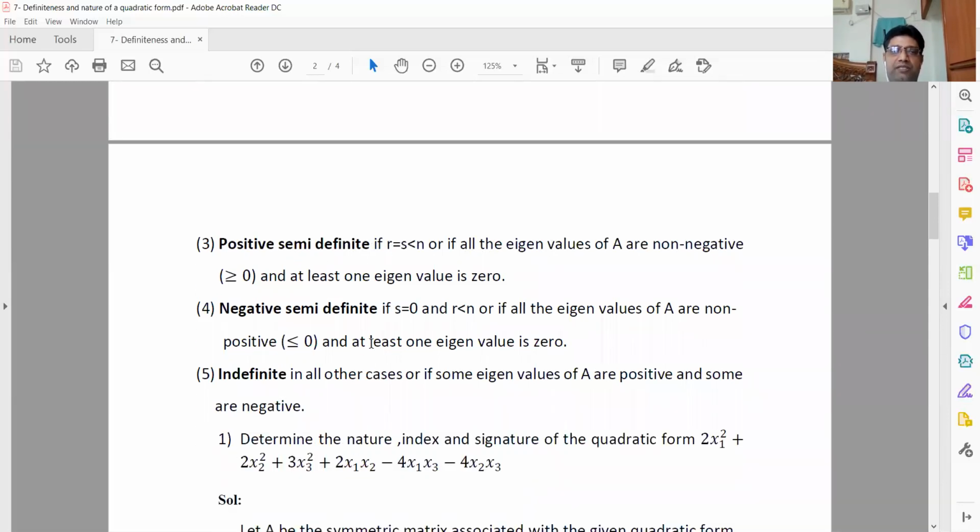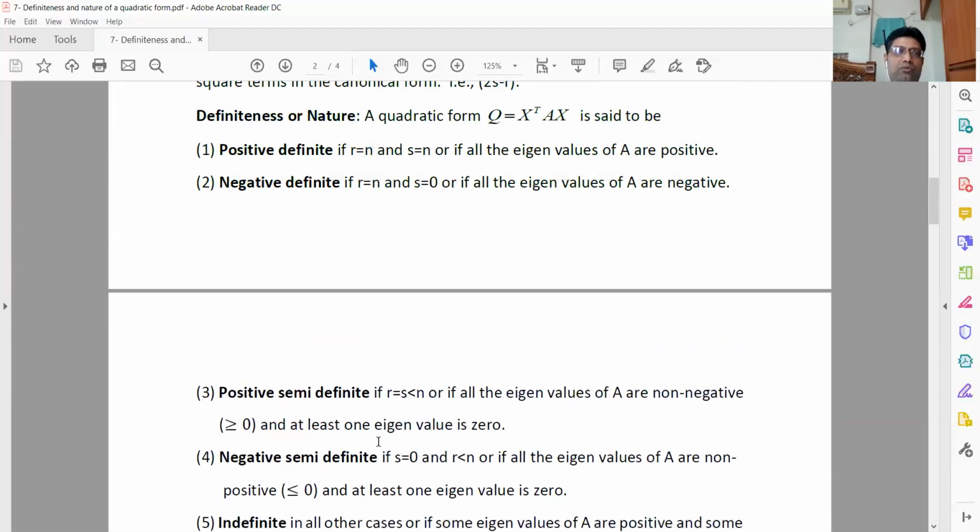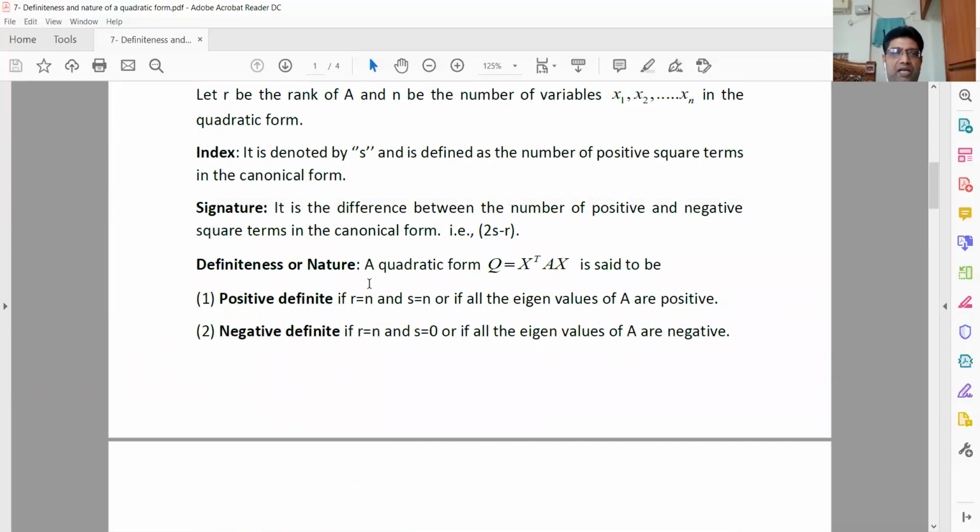Next, negative semi-definite: if s equals 0 and r less than n, or if all the eigenvalues of A are non-positive, that is less than or equal to 0 and at least one eigenvalue is 0, then we say that it is negative semi-definite. The last case is indefinite. In all other cases, that means if it is not coming under any one of these 4 cases, we say that it is indefinite. Or if some of the eigenvalues are positive and some are negative, then also we say that it is indefinite.